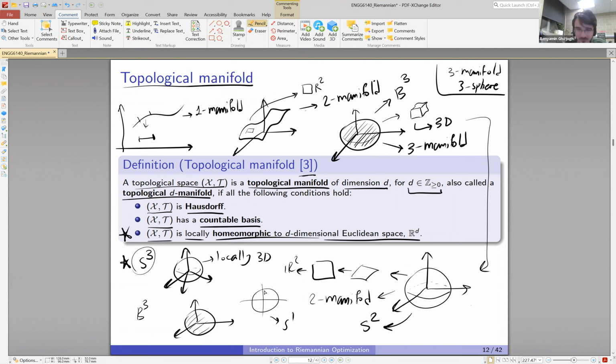S1 is a circle without its interior because locally it's like a line. So that's an important thing in algebraic topology, which you should note. And that's related to this. So when you have a topological manifold of dimension D, it means that locally it is D-dimensional. It might be embedded in D+1 Euclidean space. So you should note the difference here.